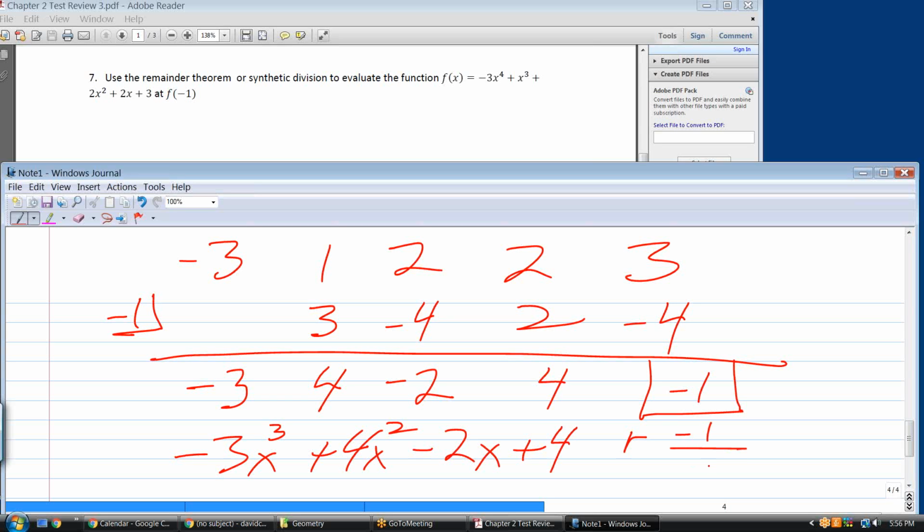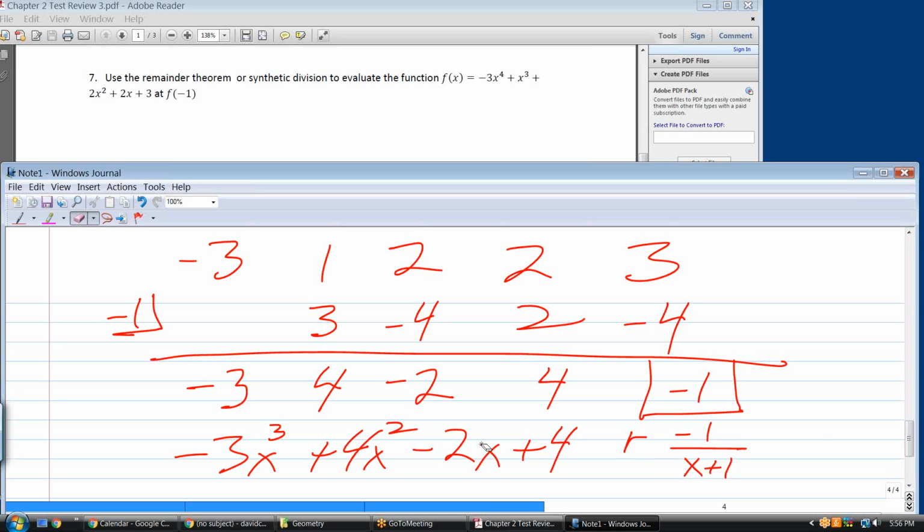Wait, no, never mind. My teacher said that she just needs the leftover. She said that just the box -1 would be the answer. Notice it's actually -1, and what we're really dividing by is the factor x plus 1, right? So the remainder is the number divided by what you were dividing by.